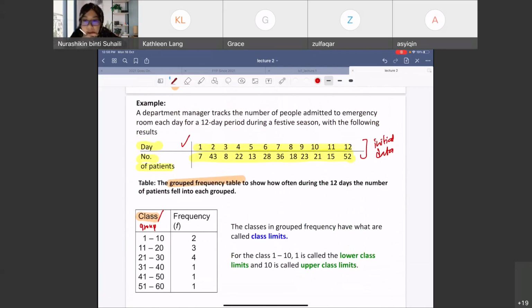Oh, I don't think so. Doctor, I think the class is the number of patients between each day. It's the number of patients, not the day. The class group is the number of patients. Okay, wait.